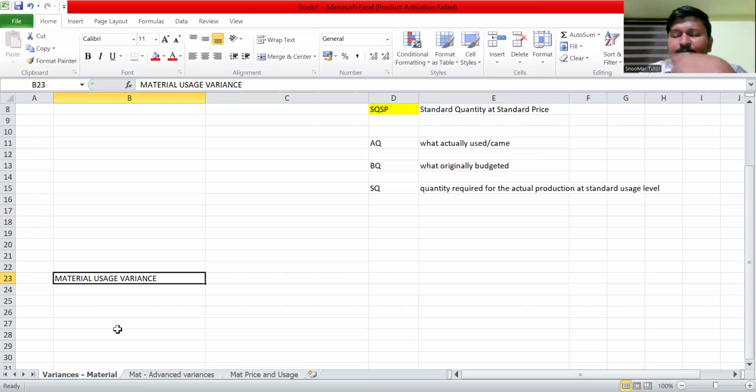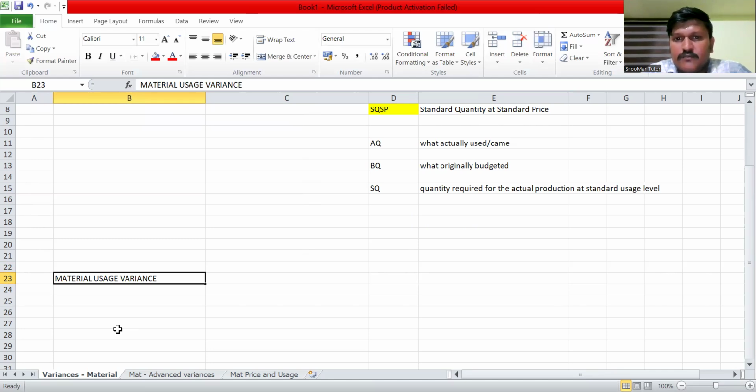This only comes in that particular case. So if you are using more than one raw material, what would happen? Let's consider a product using A and B, and this usage variance.